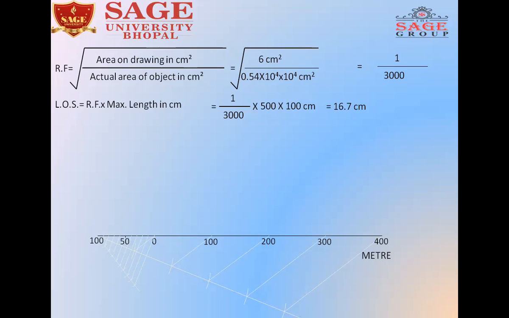Now next, you will complete a rectangle with a height of about 5 centimeter. It is not compulsory to always take exactly 5 centimeter, but you will take near about 5 centimeter.